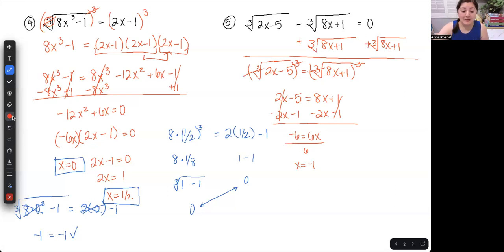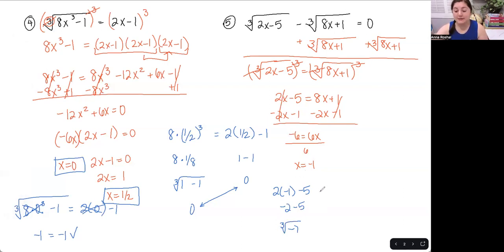And then again, I absolutely want to make sure that I check this, right? So 2 times -1 minus 5. So I'm at -2 minus 5, so -7. Cube root of -7 is who knows? We actually don't even care, so long as we know that this other one will also be -7 so that I can subtract it, right?